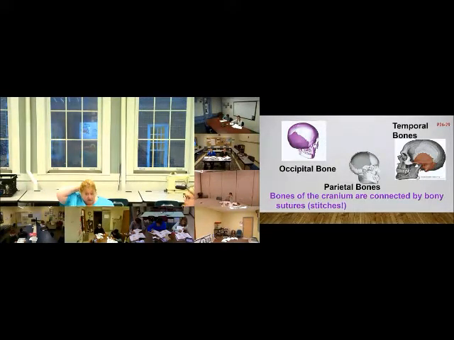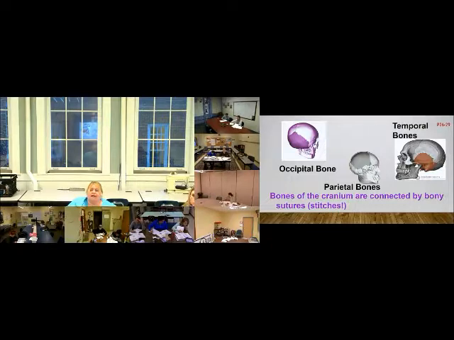So occipital in the back, temporal on the sides, parietal on the top sides. So there are 2 parietal bones, one right and one left, 2 temporal bones on the side, one right and one left, and only 1 occipital bone. And this makes up the main part of your brain case, or your skull, as we're used to calling it.